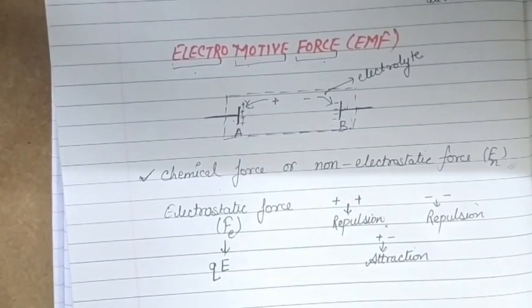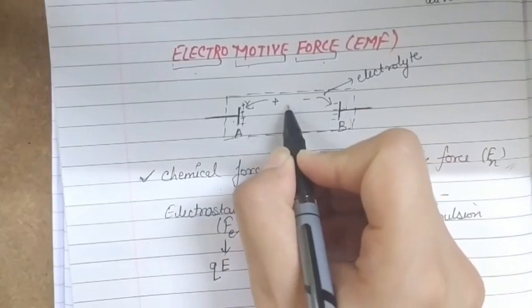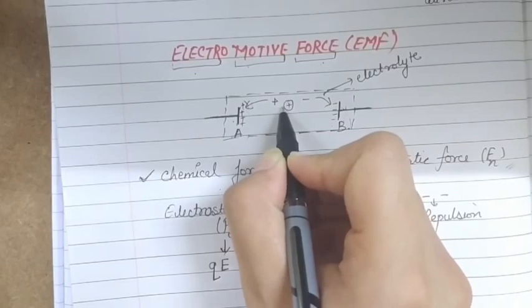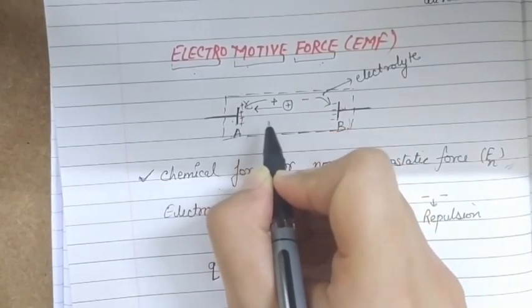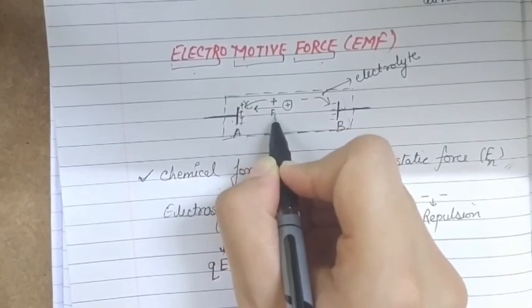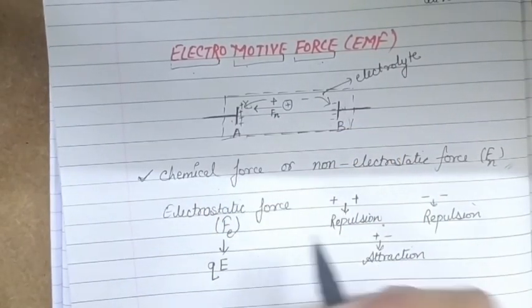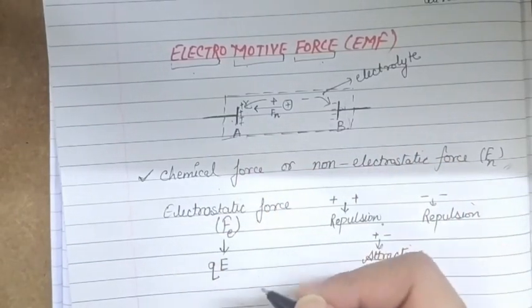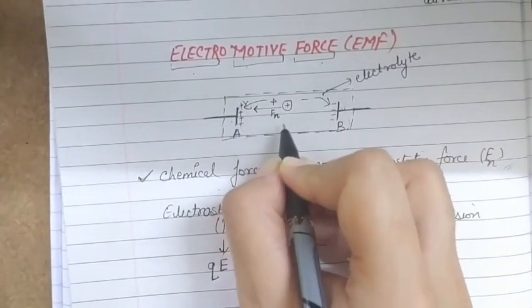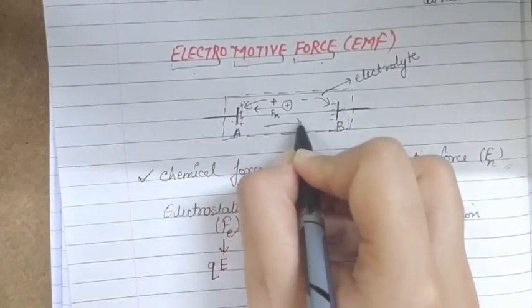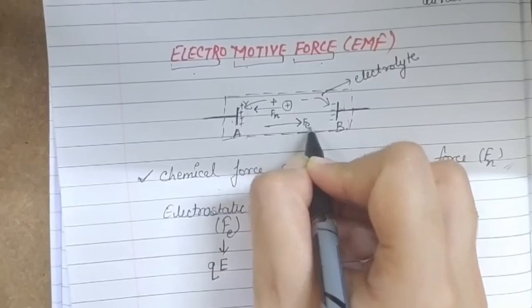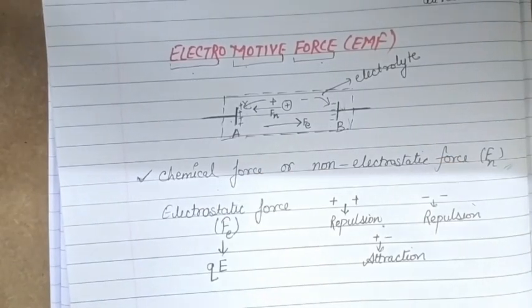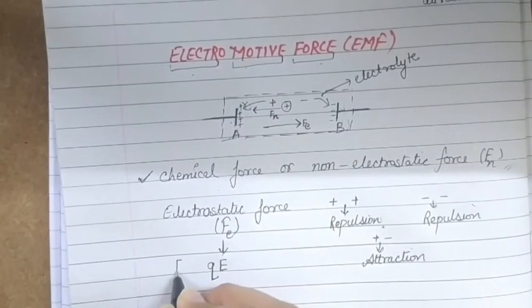Now suppose there is a positive charge Q, which was moving towards the battery terminal A due to the force Fn. Now there exists another force, that is the electrostatic force, which is from positive to negative, which takes this positive charge from positive to negative terminal of the battery, and it's equal to QE.